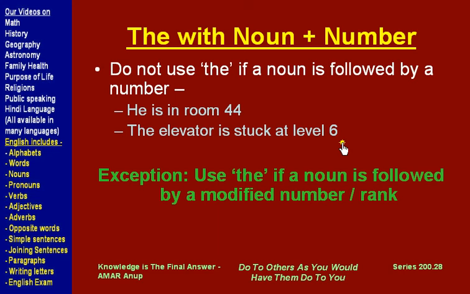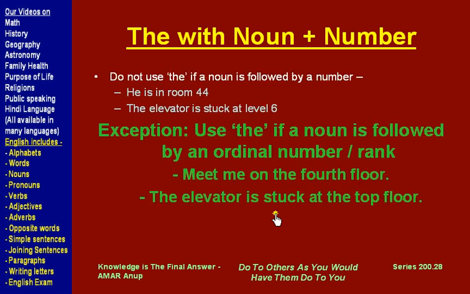However, use "the" if the noun is preceded by a modified number or rank. Let's look at some examples. What is a modified number? It's an ordinal number. So meet me on the 4th floor. Instead of saying floor 4, we are saying 4th floor, then we use "the."